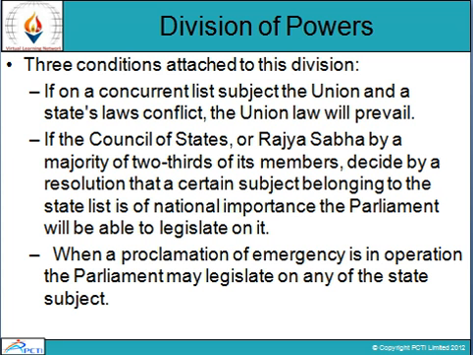Number 2, if the Council of States or Rajya Sabha, by a majority of 2/3 of its members, decides by a resolution that a certain subject belonging to the state list is of national importance, the Parliament will be able to legislate on it. And number 3, when a proclamation of emergency is in operation, the Parliament may legislate on any of the state subjects.